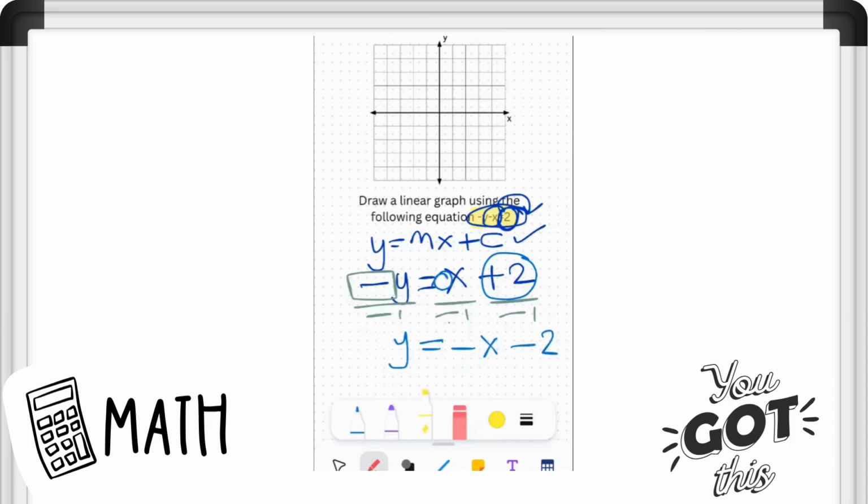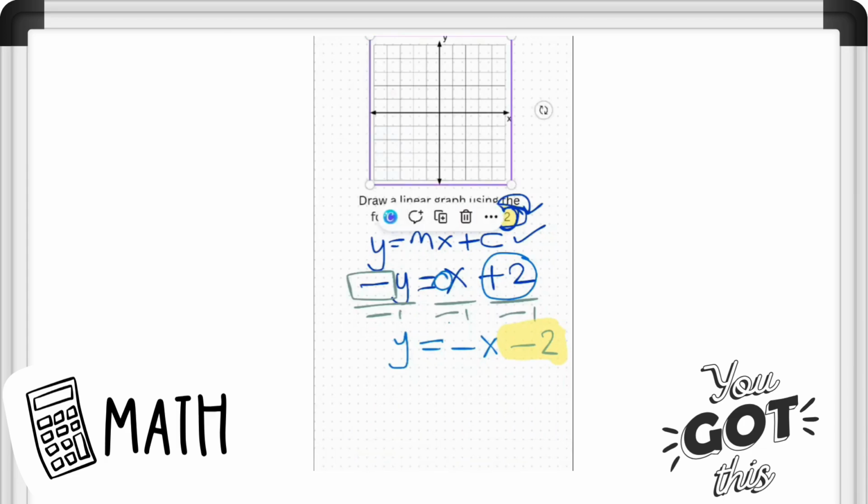Now, my starting point. You always start at where it cuts the c. And in this case, it is negative 2. So if I go to my graph, I'm going to look at where negative 2 is. Count down, 1, 2. That is just over here. Let me just mark this in.